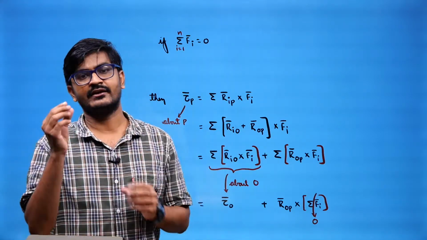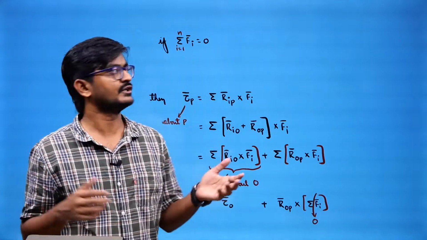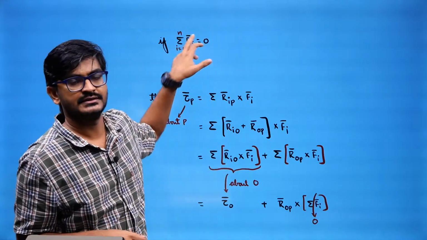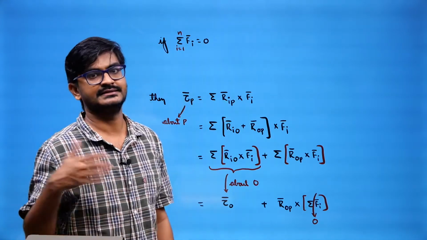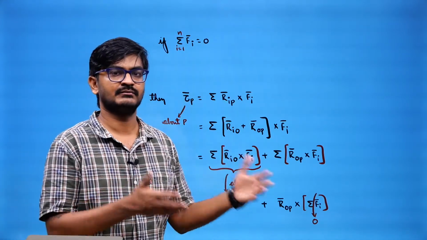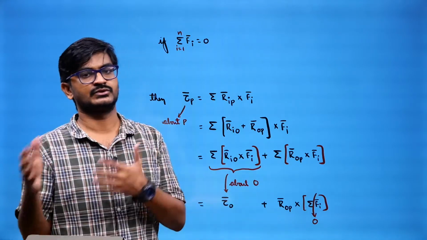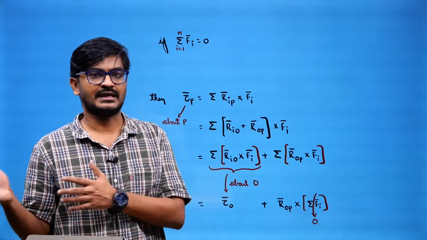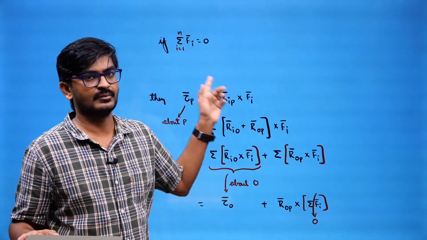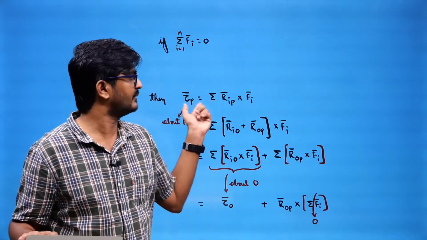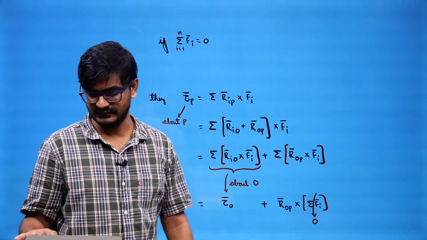That is, when you add all the small magnetic forces, the net is going to be 0. Then no matter about which point you calculate torque, it is going to be the same and equal to m bar cross B bar. So m bar cross B bar is about any point. If the net force is 0, then the torque because of those forces is independent of your point of reference.